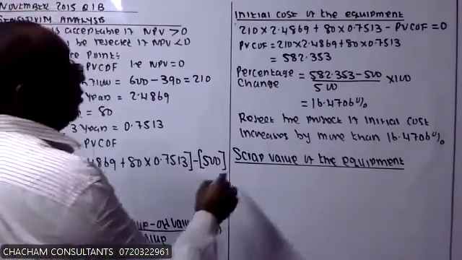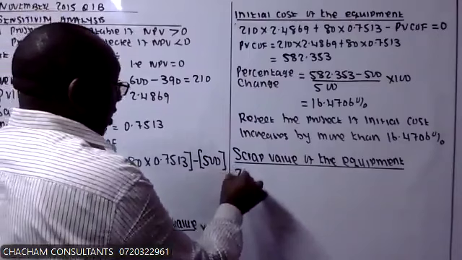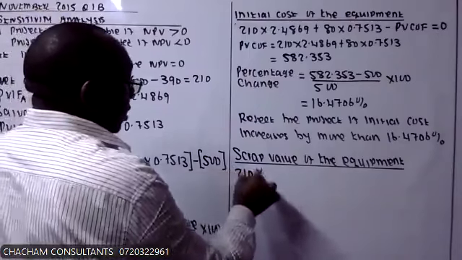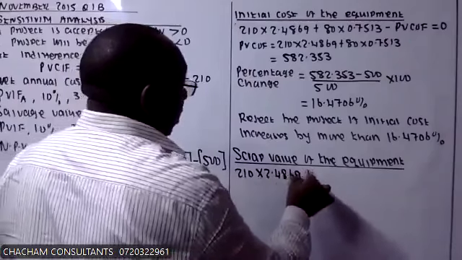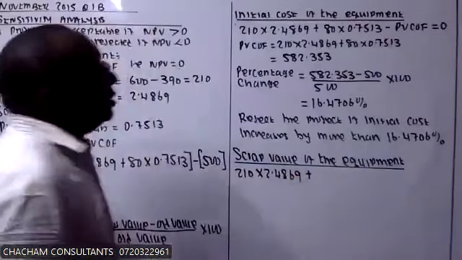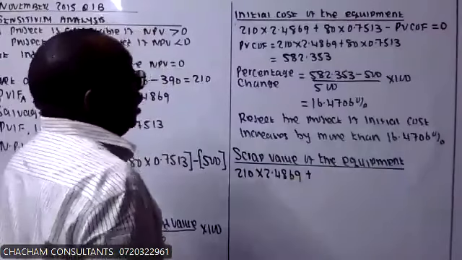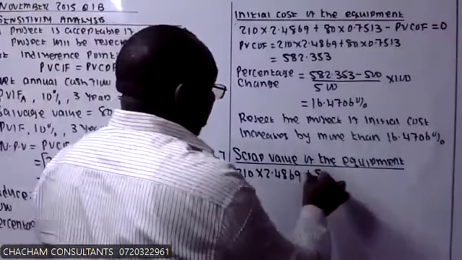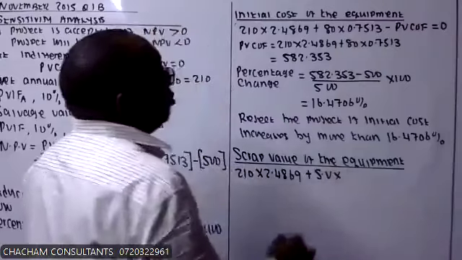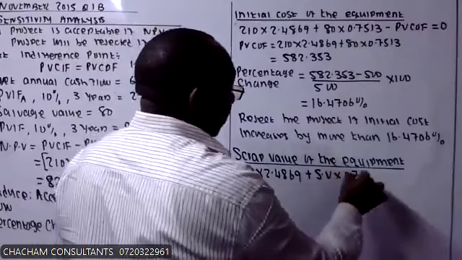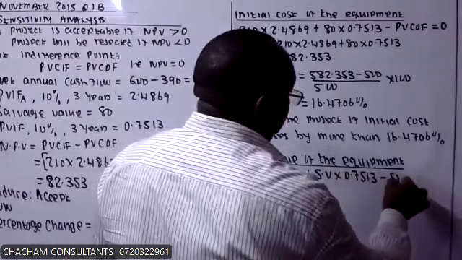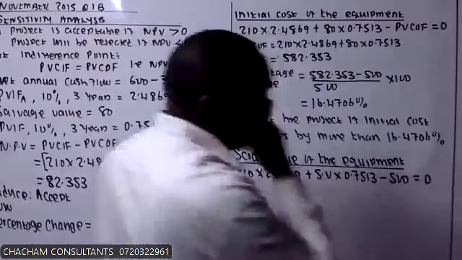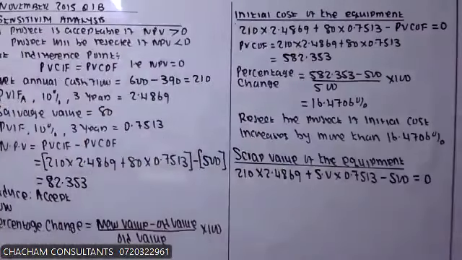So if it is the scrap value, then we are saying that 210 times 2.4869 plus scrap value times 0.7513 minus 500 should be 0.